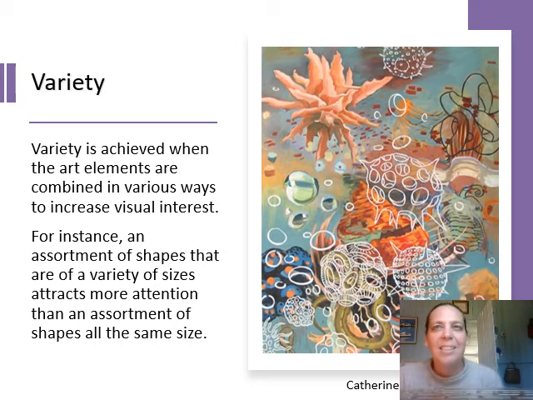Okay, our next principle of design is variety. Variety is really just underlining that putting a bunch of different elements together makes a composition really interesting. That might be using a variety of different sizes or a variety of different shapes or a different style of line.